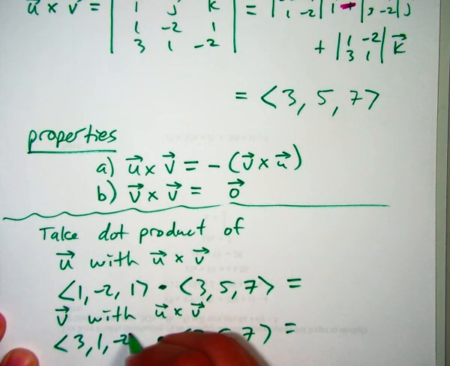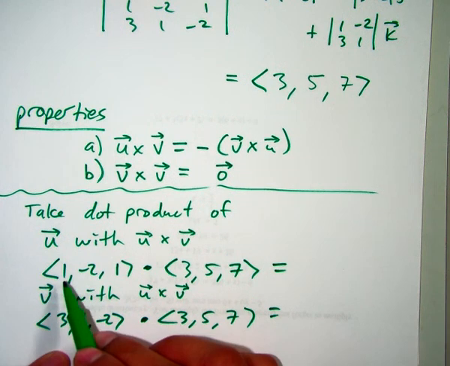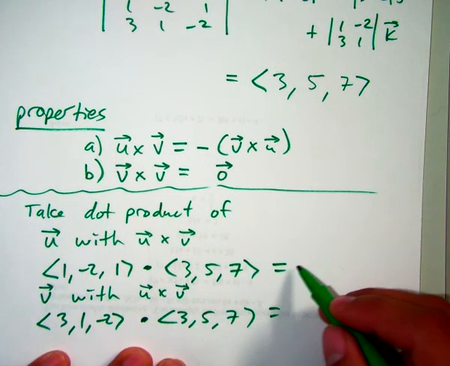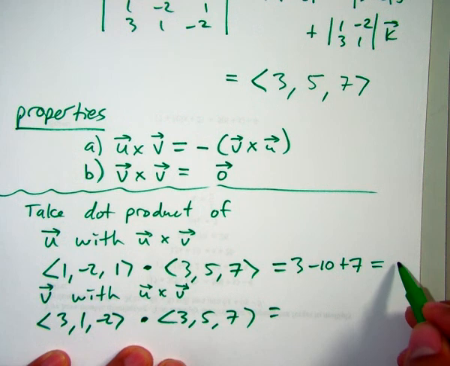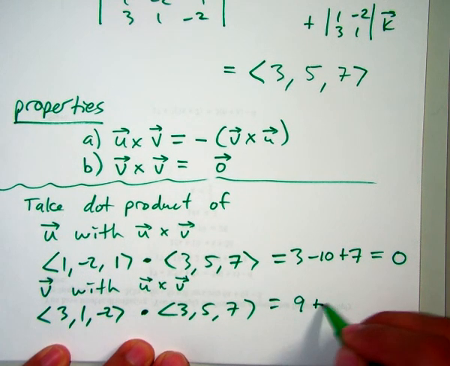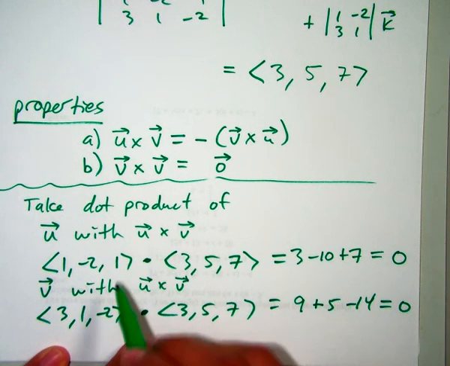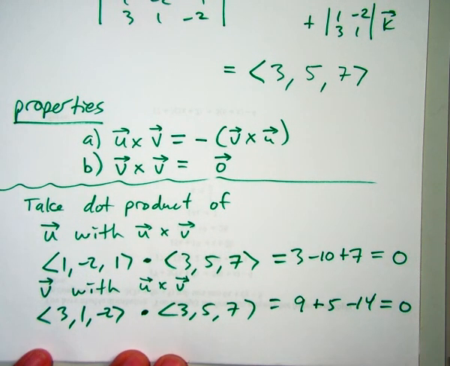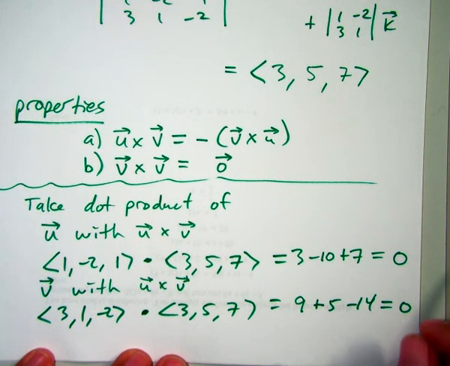The reason I want you guys to do this real quick, if you take the dot product of this one, you get 3 minus 10 plus 7, which is 0. Here you get 9 plus 5 minus 14, which is 0. If the dot product of two vectors is 0, then the vectors are orthogonal.